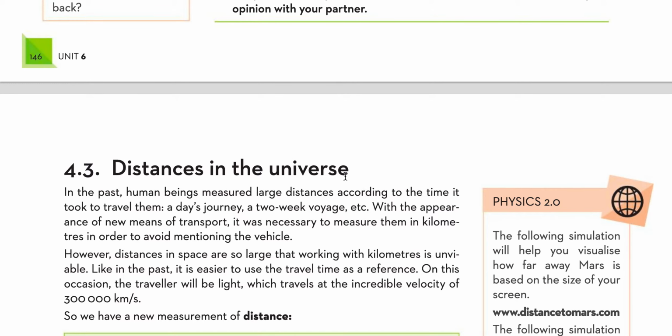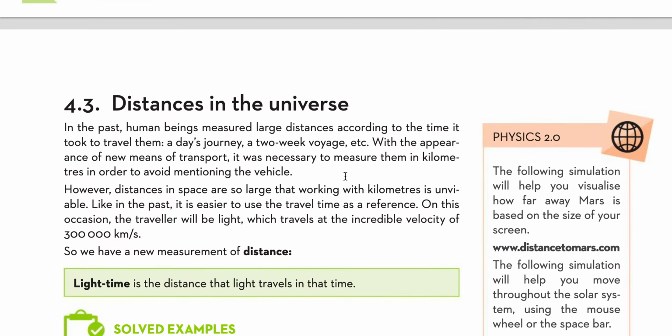Our universe is really huge, very, very large. The distances are huge, very large distances. And we cannot use kilometers to measure distances in the universe. Instead, we use light years.